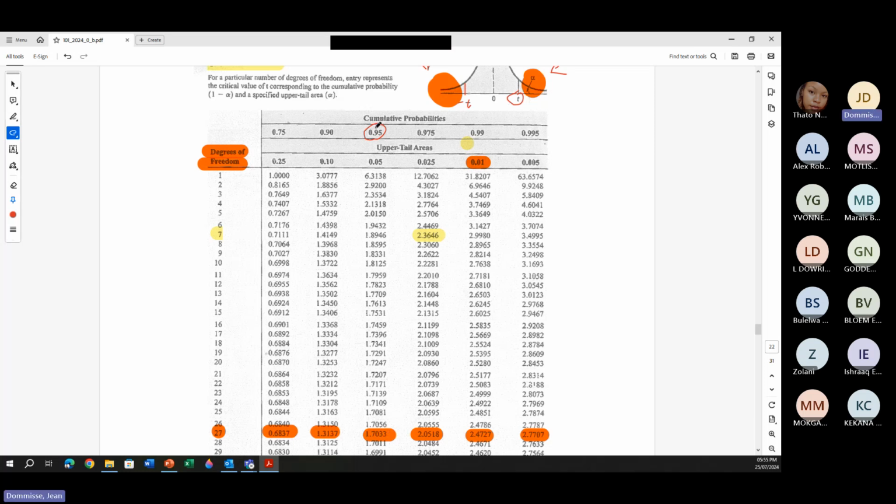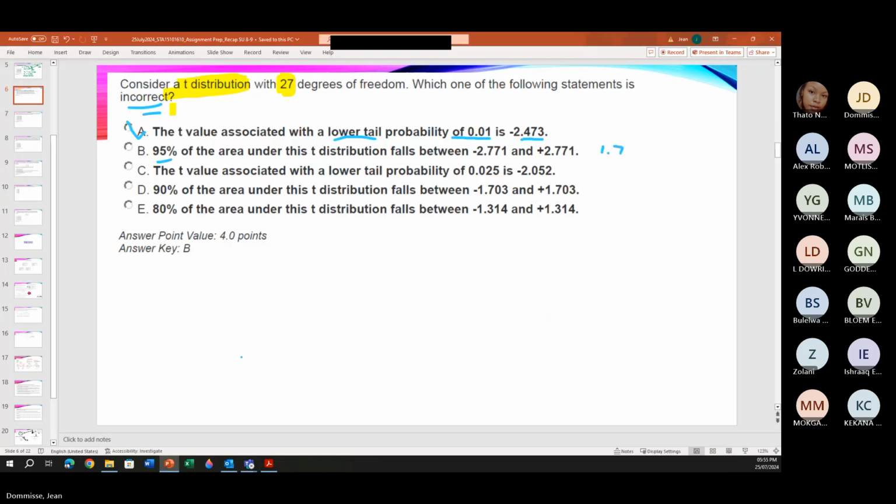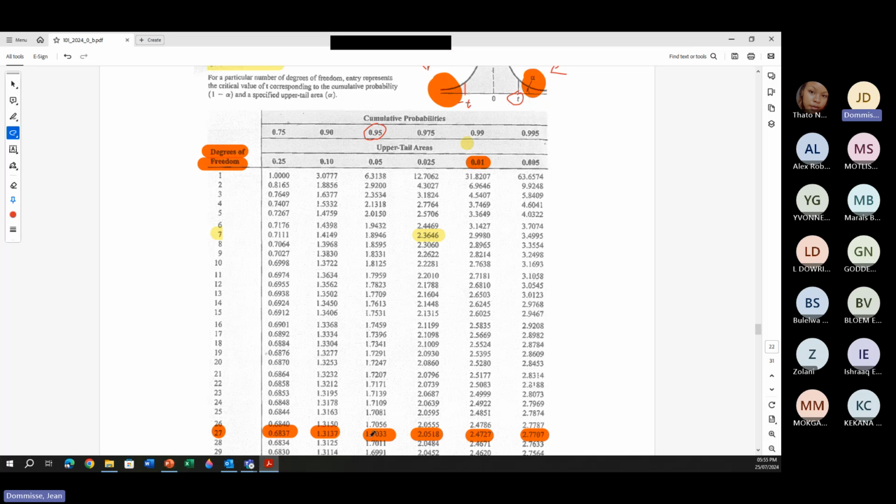Okay, but let's first look at that 95. So I would have actually had that as an option for you guys. But that is also not right.